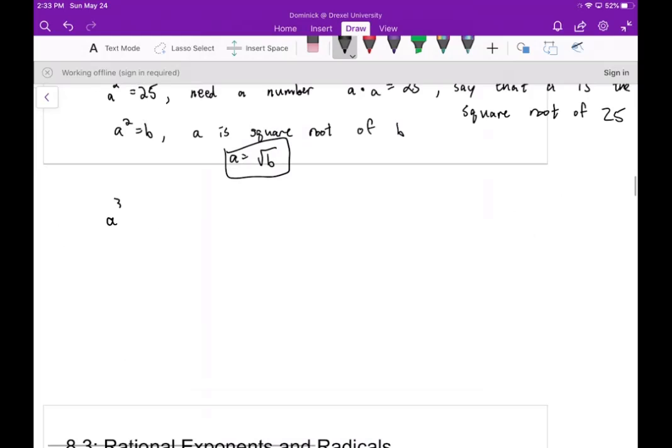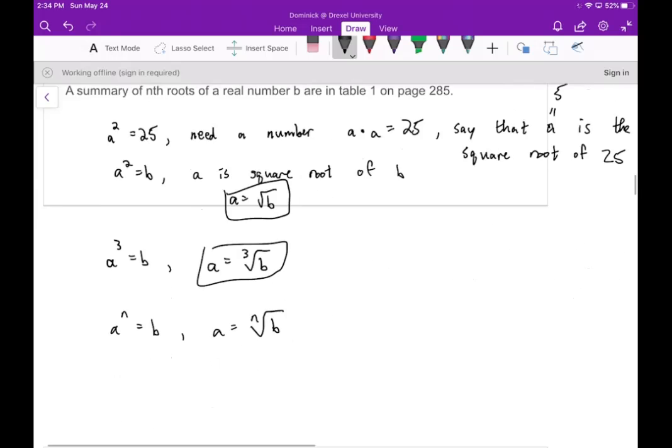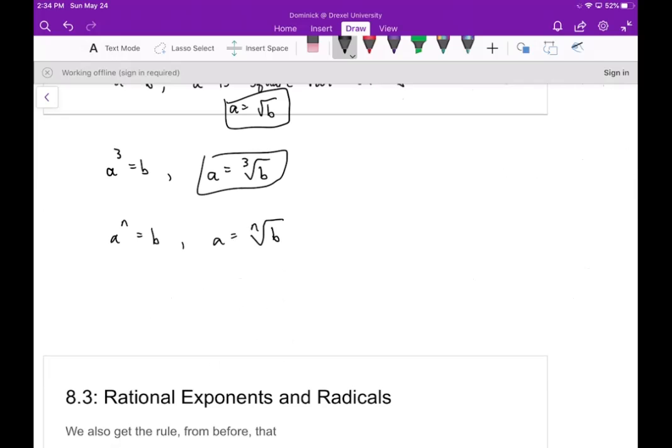If we have a to the third is equal to b, then we're looking for a number a that if we multiply it by itself 3 times gives us b, and we usually say that a is the cube root of b. Of course, you can generalize this to any power that you want, and we say that a is the nth root of b. That's what we mean when we say a square root or a cube root or something like that.